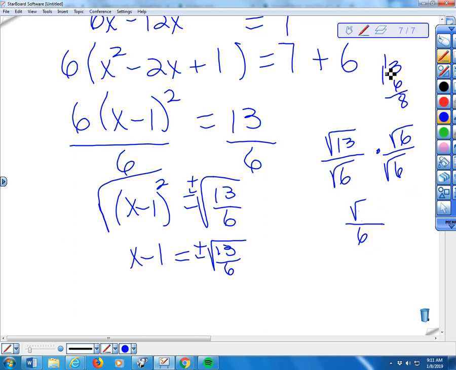It's 78. Is this divisible by a perfect square at all? No. So this is really plus or minus the square root of 78 over 6. So x is equal to 1 plus or minus the square root of 78 over 6.